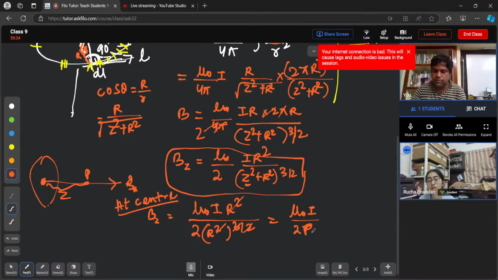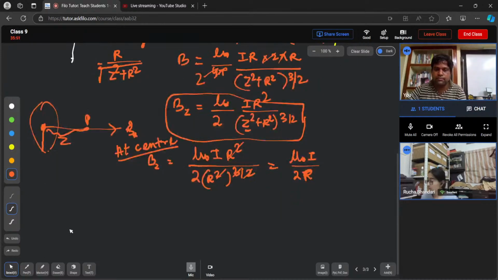This formula is important. That 2r will become the diameter only, right? 2r is 2 times of r, the radius of this loop, small r.